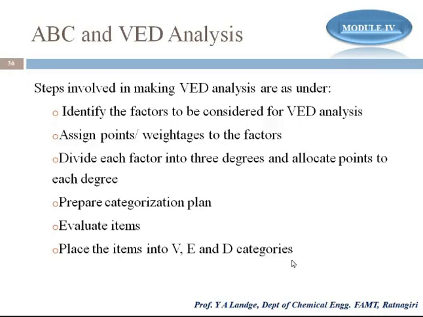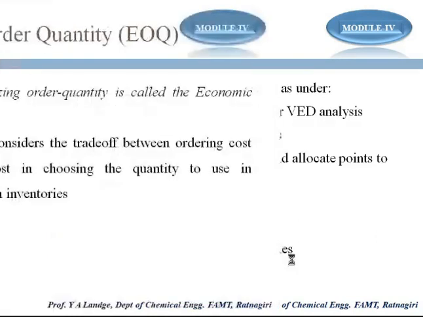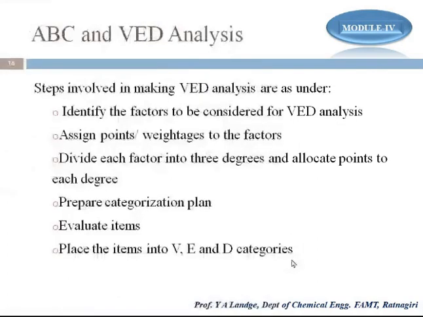Then we categorize accordingly and say this is V category, E category, D category. Just like if you give 100 points, then that comes under the V category. If you give 20%, 20 points, then it will be under the D category, desirable. So this is all about the ABC and VED analysis.